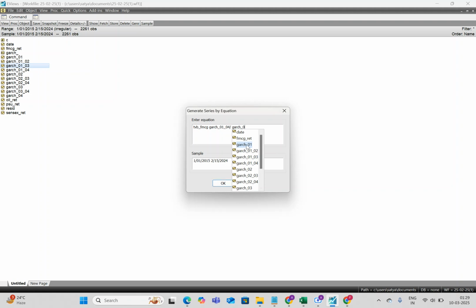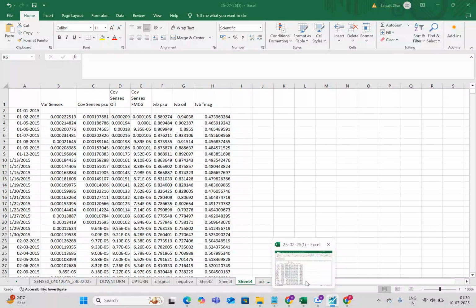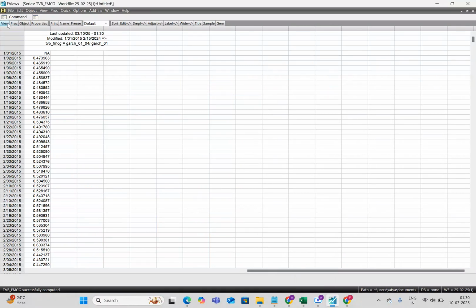Right, GARCH 1-4 is covariance of FMCG with Sensex. 1 is Sensex, 4 is FMCG, and GARCH 1 is the variance of Sensex. So equal to, right, I hope it is created. Yeah, so TVB FMCG is created. It is the same values, I think, 0.473963. Let's see here. Yeah, we have done it correctly, absolutely correctly.